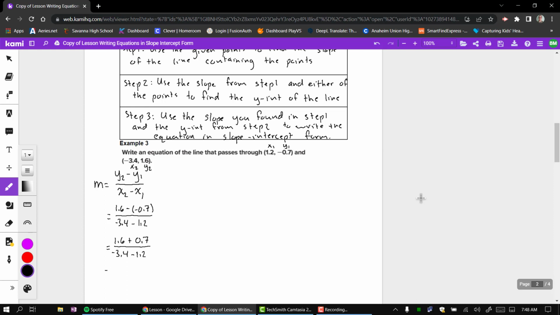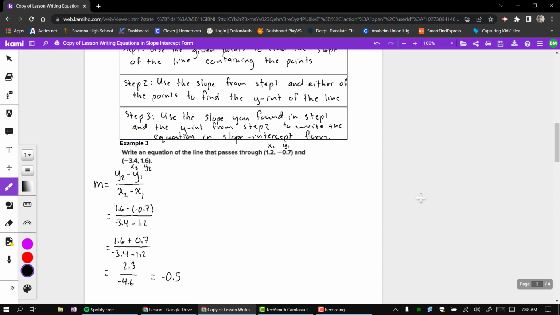So let's do the addition and the subtraction. We're going to get 2.3 divided by negative 4.6. Do the division, gives us negative 0.5, or negative 1/2. I'm going to keep it as a decimal because this problem uses decimals.